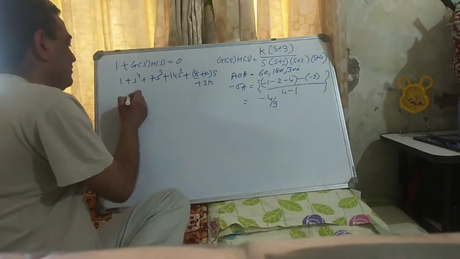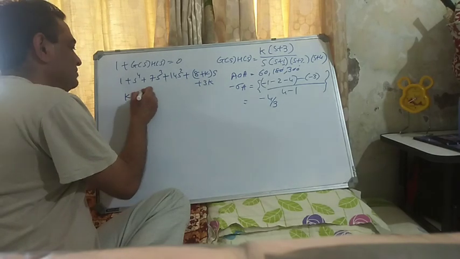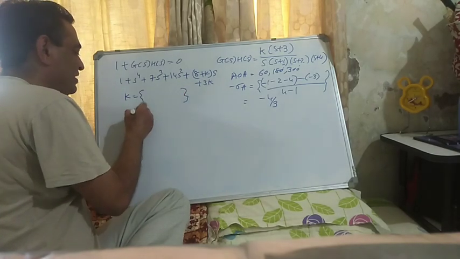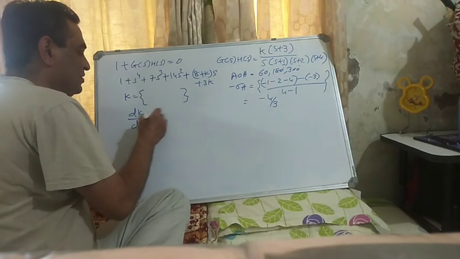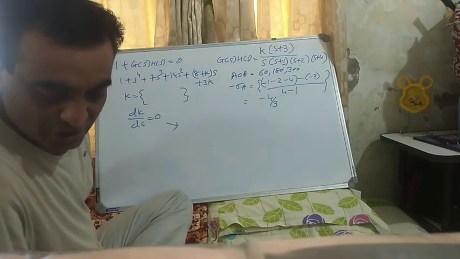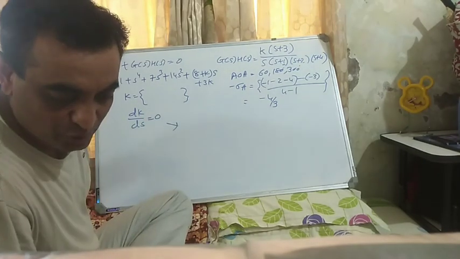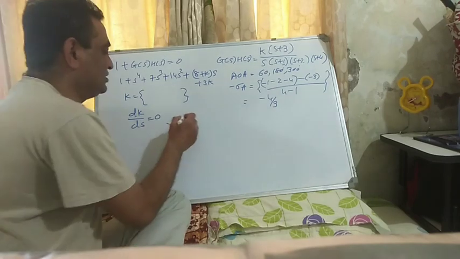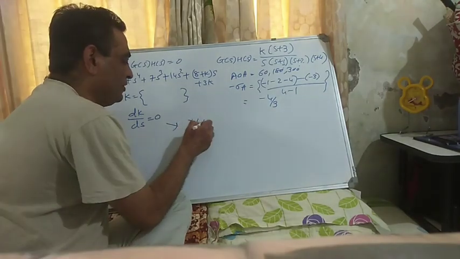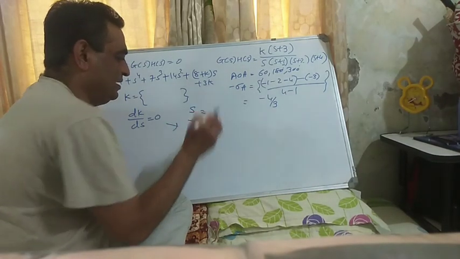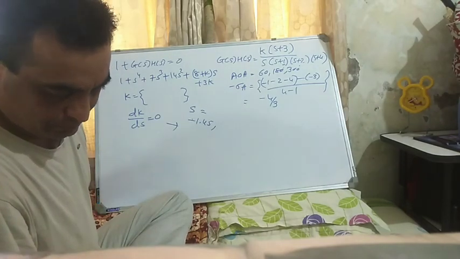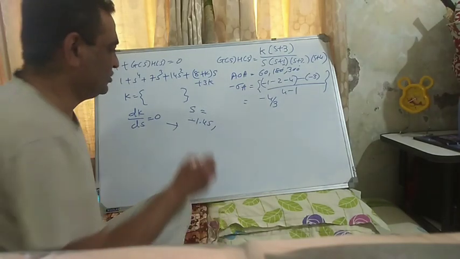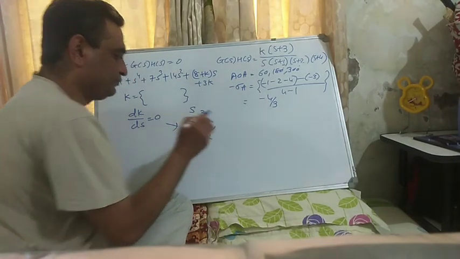Now you find the value of k, put dk by ds equals 0, and find the roots. You will get the roots as s equal to minus 1.45 and s equal to 3.82.